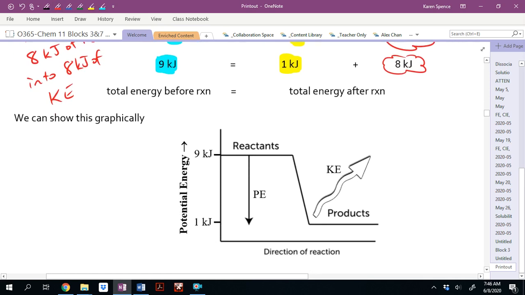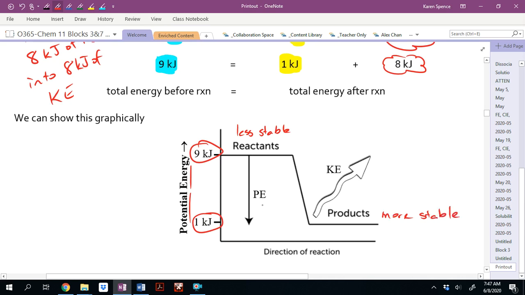To show this graphically, our reactants start at 9 kilojoules and our products have 1 kilojoule of potential energy. So the reactants are less stable, and the products are more stable.